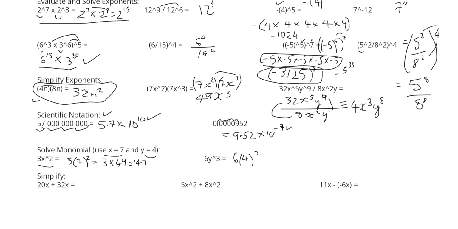And then we know that that's 6 times 64. And that would be our answer. So 6 times 64. And when we do the math, it's 384. If you're not allowed to use your calculator, then you have to do it in a long multiplication way. Okay, 384.